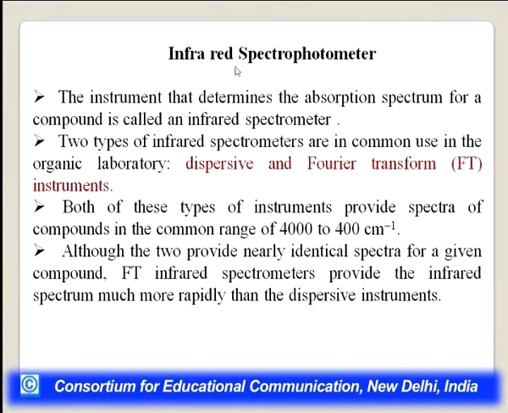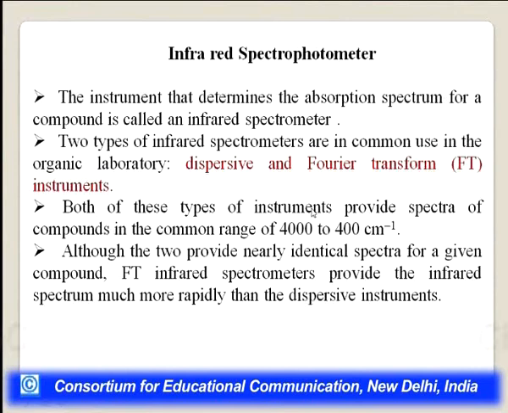Now about instrumentation, IR instrumentation, the infrared spectrophotometer. The instrument that determines the absorption spectrum of a compound is called an IR spectrometer, or we can say IR spectrophotometer. Two types of infrared spectrophotometers are in common use. One is the dispersive infrared spectrophotometer and another one is the Fourier Transform instrument. We will discuss both in detail.